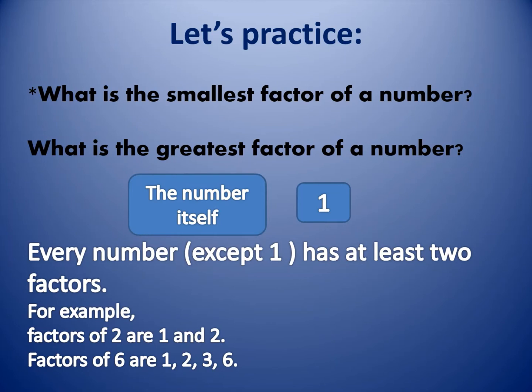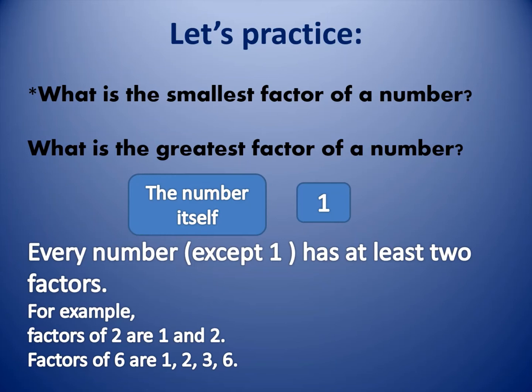Let's practice. What is the greatest factor of a number? We have experienced 1. What is the greatest factor of a number? That is the number itself. So we can say every number except 1 has at least 2 factors, that is 1 and itself.